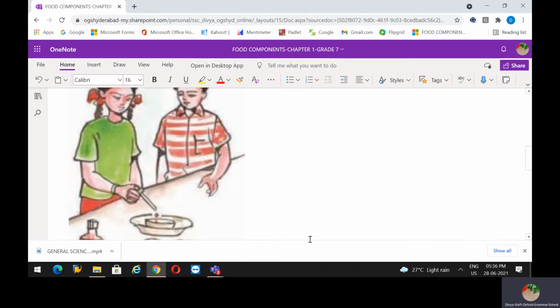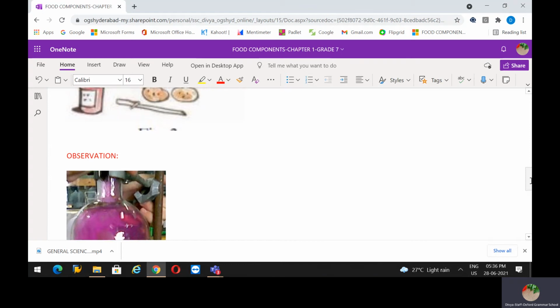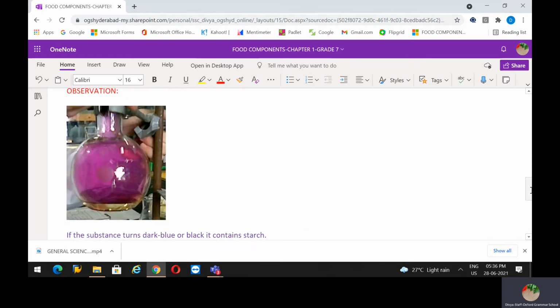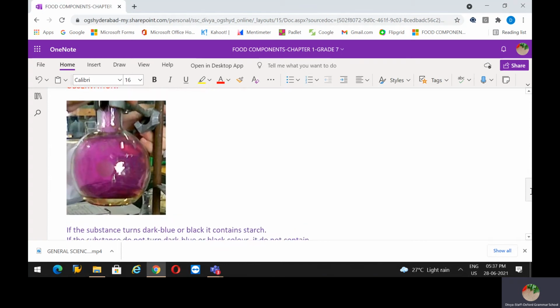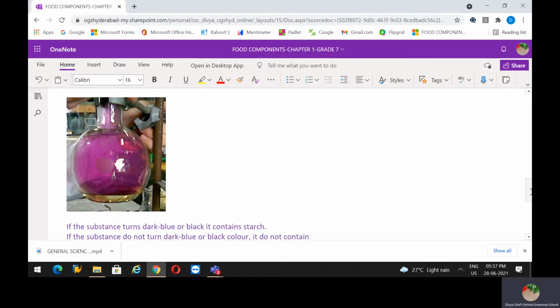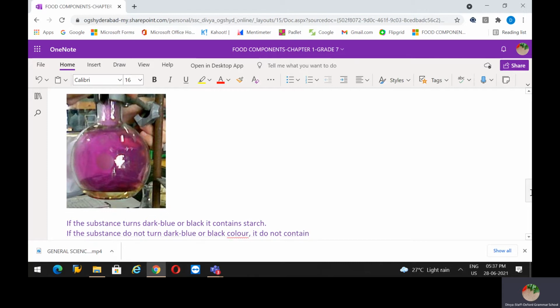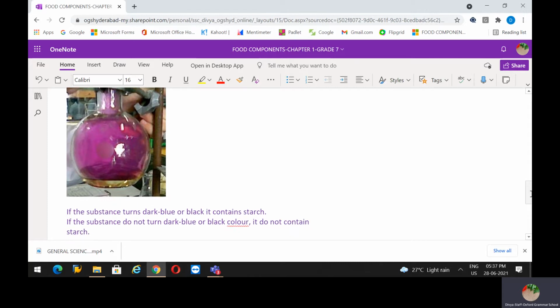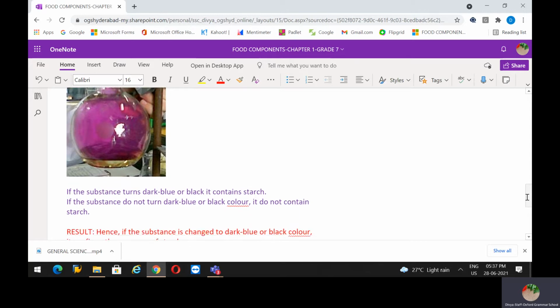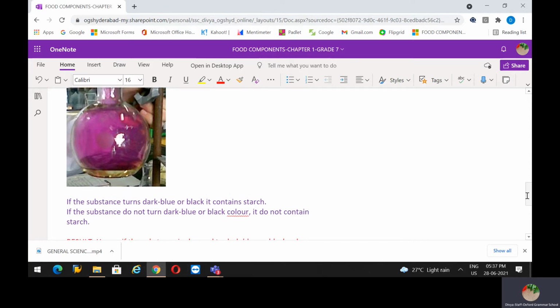So children, after dilution, the iodine will be a light yellow or brown color. But when it is mixed with food, what would be the observation? If the substance turns dark blue or black, it contains starch. We can confirm it is starch. Or else if the substance does not change into dark blue or black color, that means it does not contain starch.